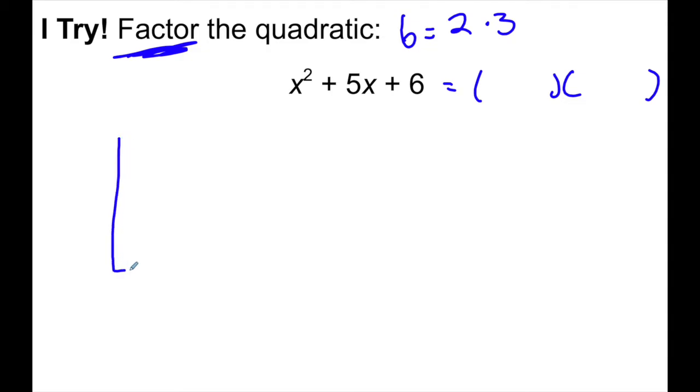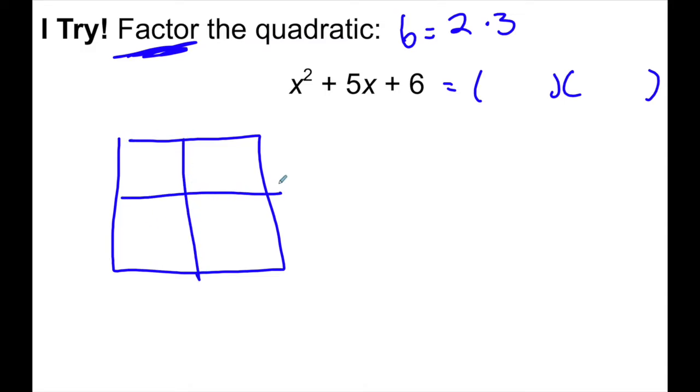So let's say that I'm going to make a box here. What do I know? Well, one thing I know is that when I factor this thing, x squared is going to end up here, right?